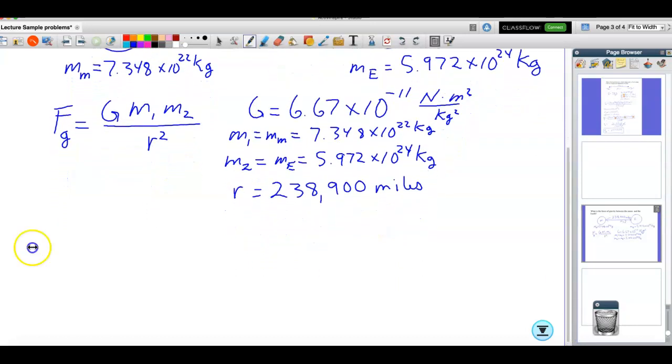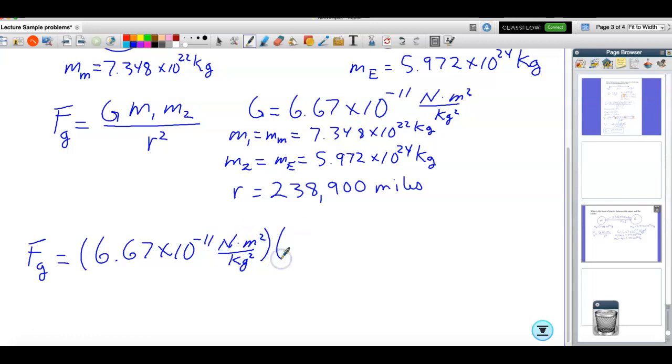So we have force of gravity equals G, that was 6.67 times 10 to the negative 11th newtons times meters squared over kilograms squared. That times mass of 1, which was the mass of the moon, right?